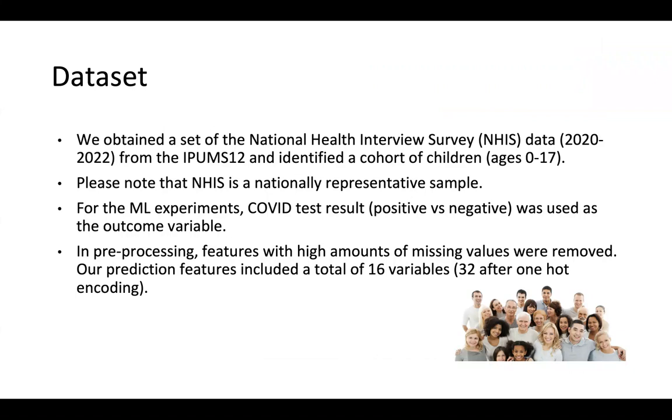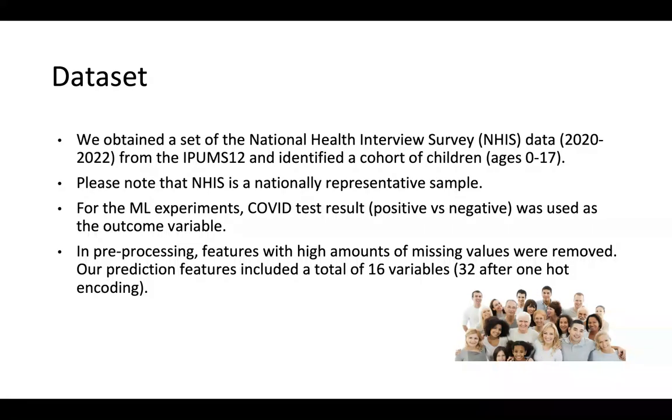So, our data set, we obtained a set of National Health Interview Survey, NHIS, data from 2020 to 2022 from the IPUMS 12, which is a national survey, and we identified a cohort of children ages 0 to 17. Note that NHIS is a nationally representative sample.